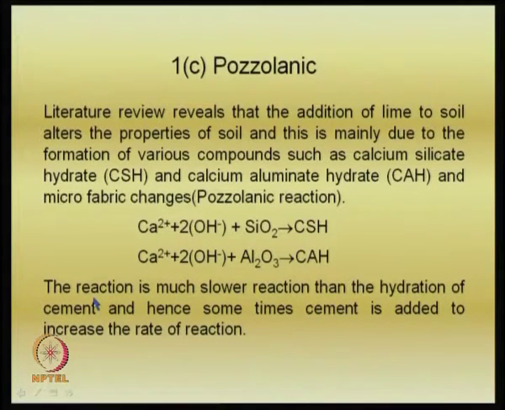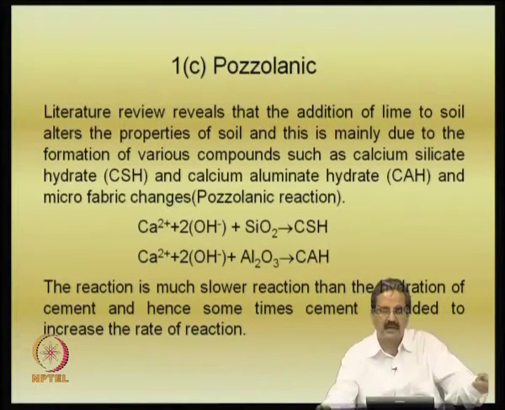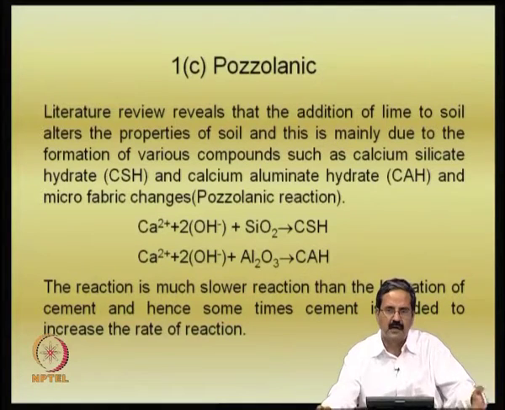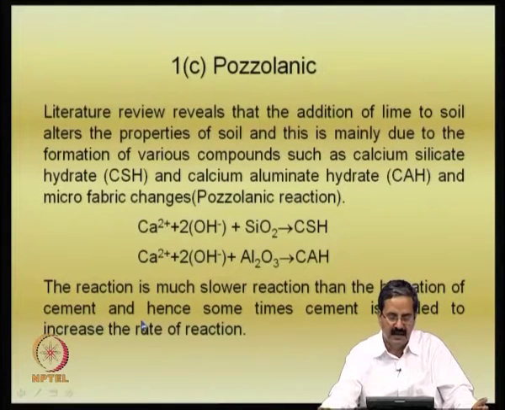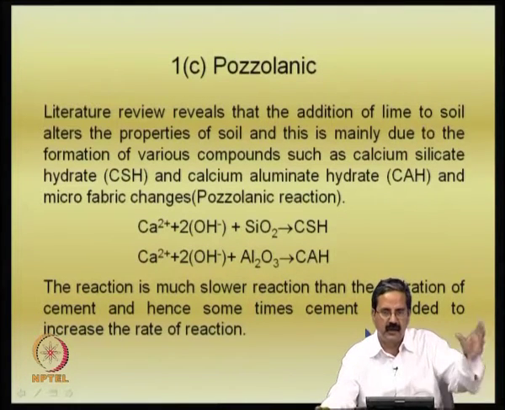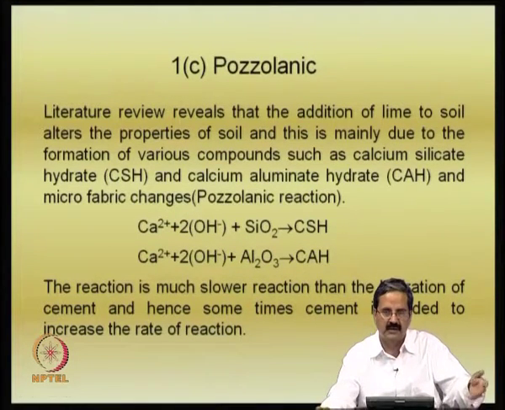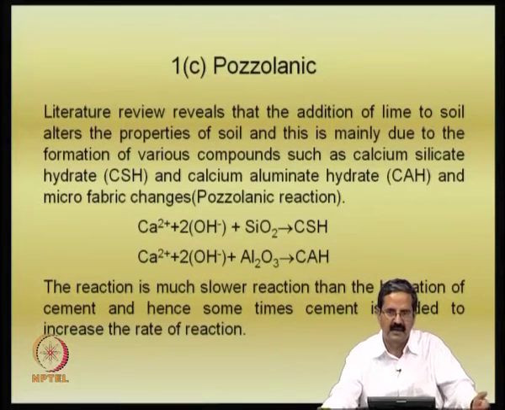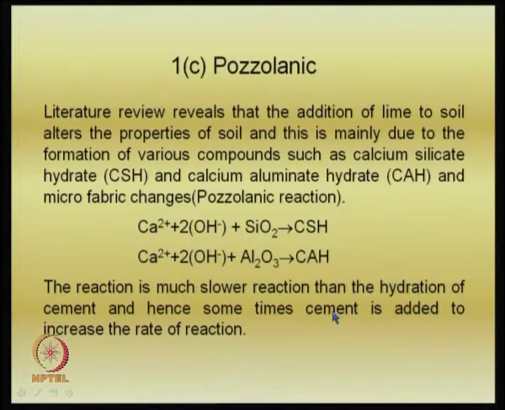So, suppose we have only a lime column, along with lime people can also add a bit of cement so that the whole process of putting in the stone columns or lime columns or any of these materials could be faster. So, essentially there are three mechanisms: the first is cation exchange, the second is flocculation, and the third is pozzolanic reaction.